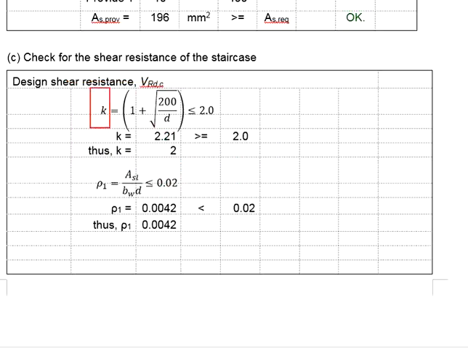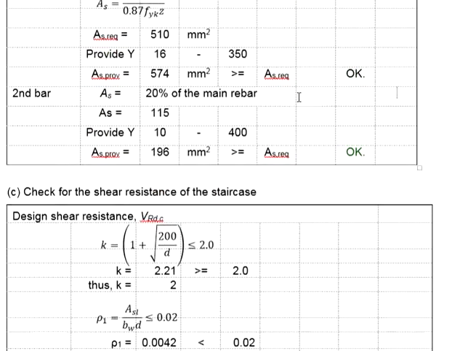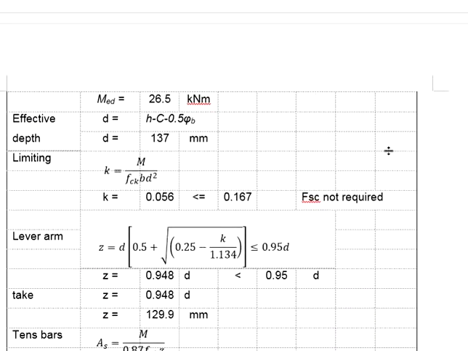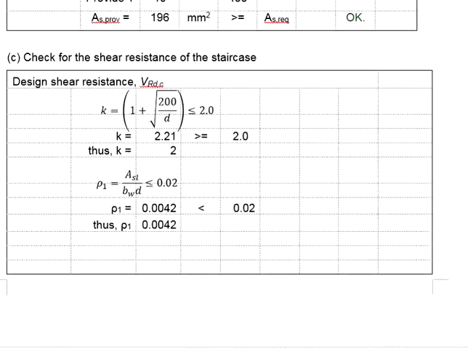The k factor is a function of the effective depth. We have calculated the effective depth, which is equal to 137 mm. Substituting into the equation, you get k equals 2.21. The k value must not be greater than 2.0, as implied by the equation.